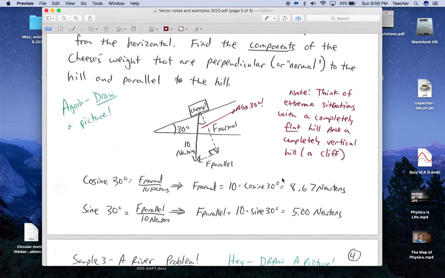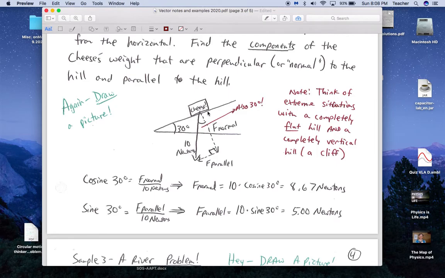Now, I want you to think about extremes. If this hill was completely flat, the normal force would equal the weight. In other words, all the cheese's gravitational pull would be pushing into the hill, and none would be causing it to slide down the hill, because there's no hill. As we get this steeper and steeper and steeper, the amount of the force pushing into the hill, or the normal force, will decrease, and the parallel component of the cheese's weight, or gravitational force, will increase.